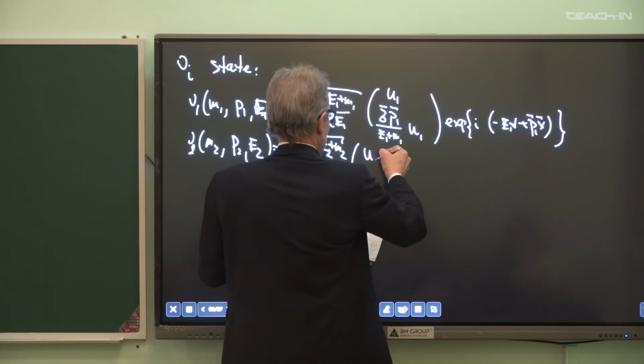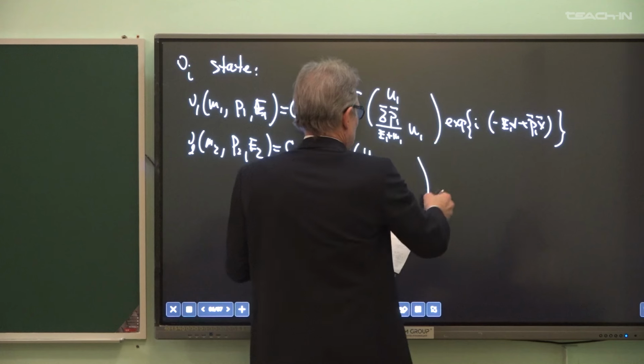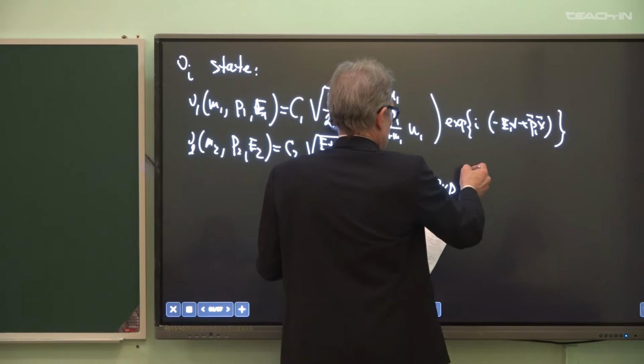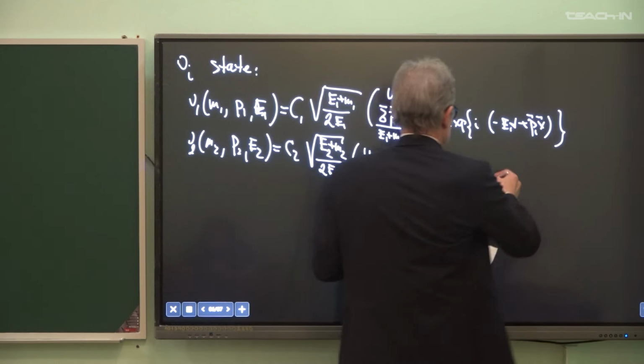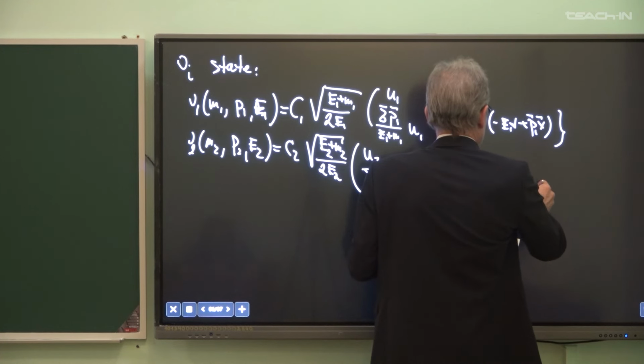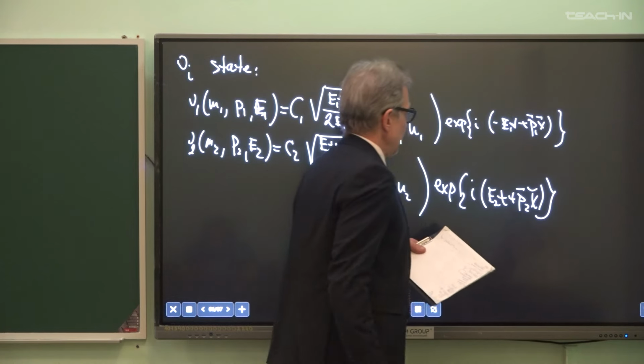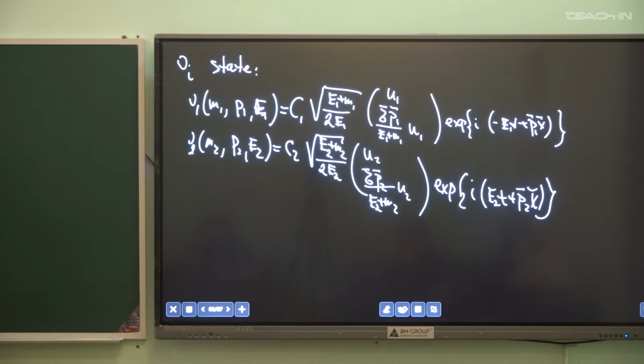And here we put U2, sigma dot momentum divided by energy with the corresponding index, exponent of I, energy multiplied by time, minus the corresponding momentum multiplied by the coordinate. These are vacuum solutions for the neutrino mass state 1 and mass state 2.